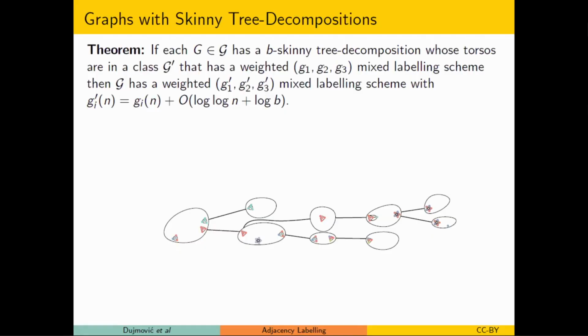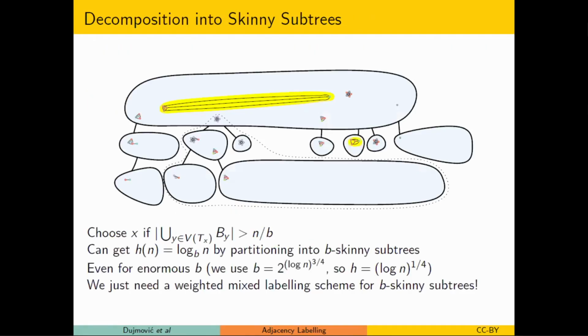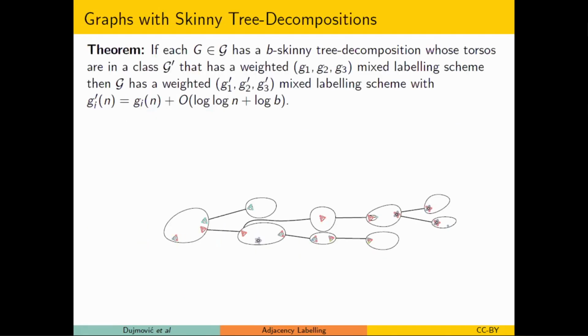Well, what's special about this tree? We selected a node to be in, let's say, the top skinny thing up here. We selected it because the number of vertices in the whole subtree was bigger than n over b.